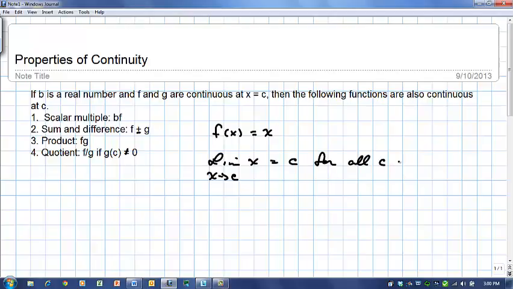Okay, so that means that the limit exists and it's equal to the value of the function, and therefore it is continuous.